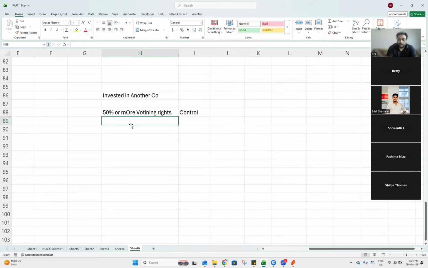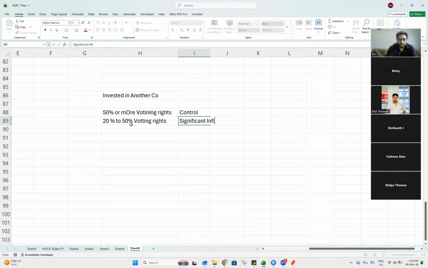Then if you have 20 to 50 percent voting rights, we call it significant influence. If you have less than 20 percent, then you don't have any control or influence.